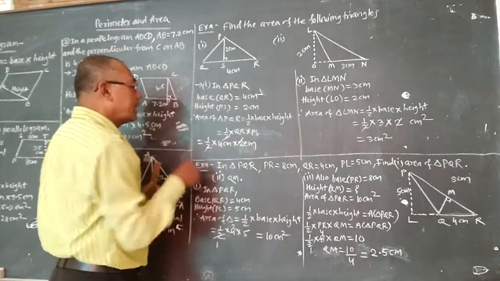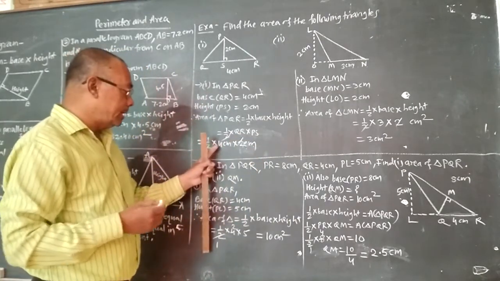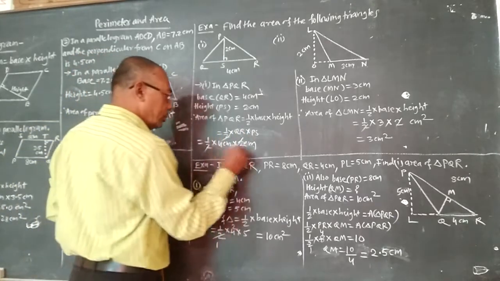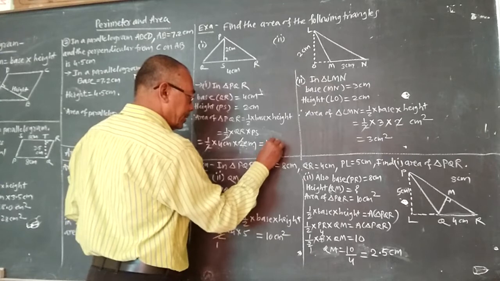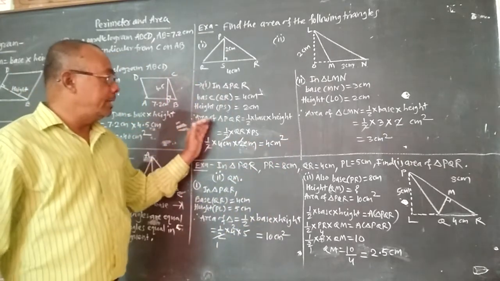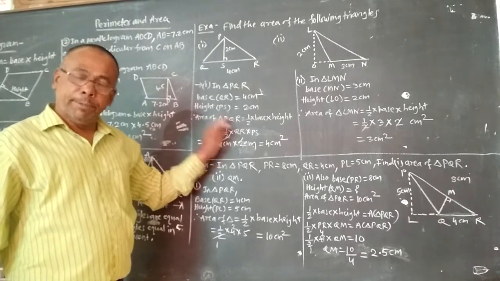Here 2 will get cancelled, and then we will get 4 centimeter into centimeter means centimeter square. So it will be 4 centimeter square, which is the area of triangle PQR.